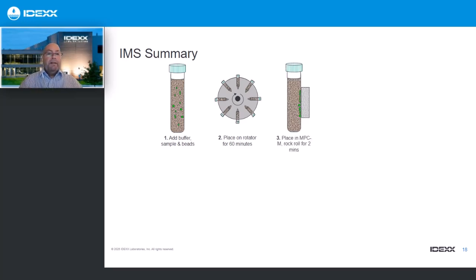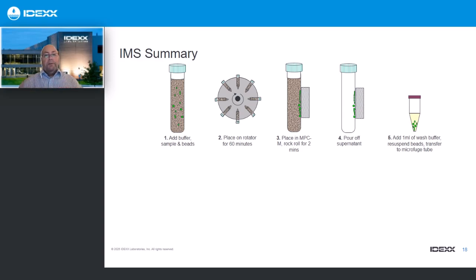And then we're going to use a magnet to pull those paramagnetic beads out of the sample with the target organisms, Cryptosporidium and Giardia. And then we'll go through some cleaning steps and do a further concentration. Ultimately, we're ending up going from a 10 milliliter sample down to a 50 microliter sample.